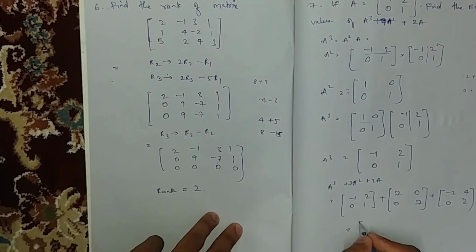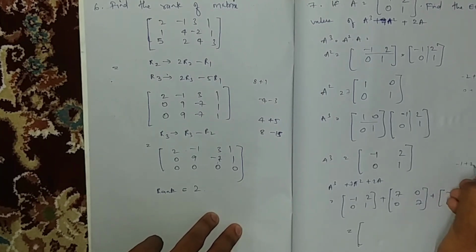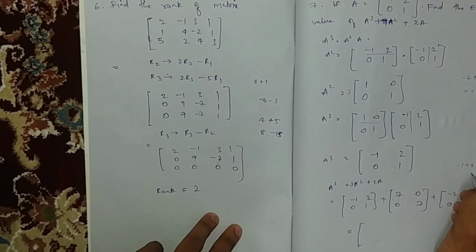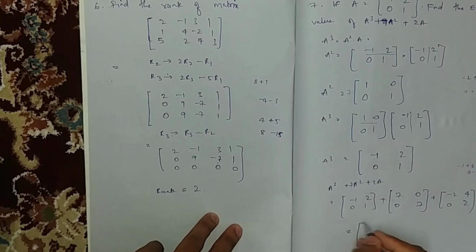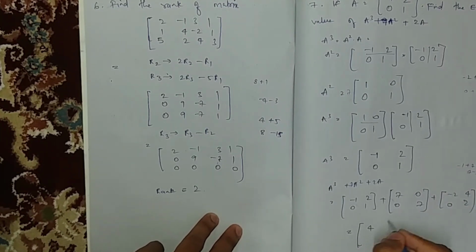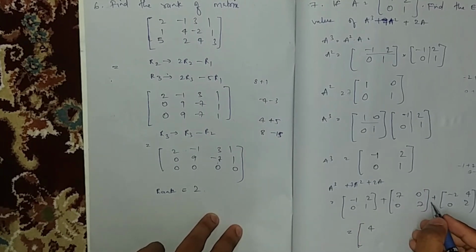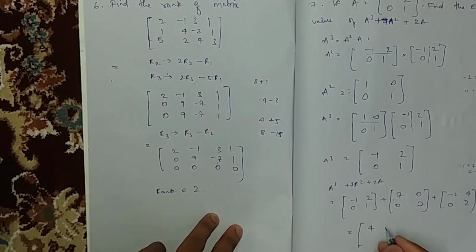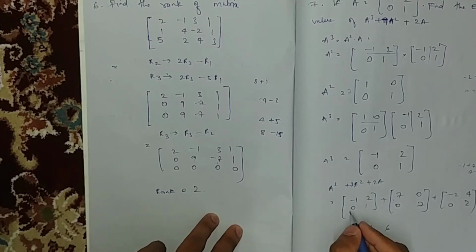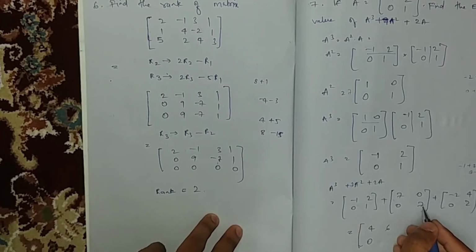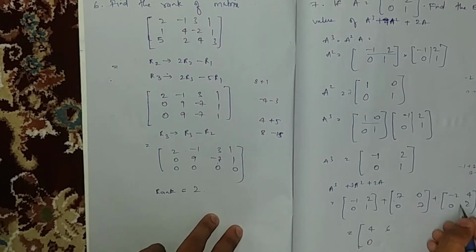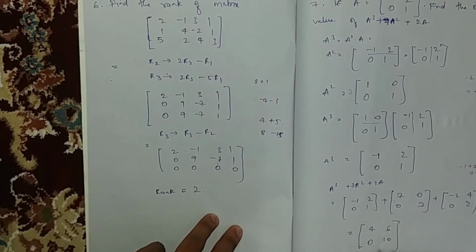Now adding this, it becomes minus 1 plus 7 minus 2, so 7 minus 3, it becomes 4. Then 2 plus 2 plus 4, it becomes 6, here 0, 7 8 9 10, and here it becomes 10.